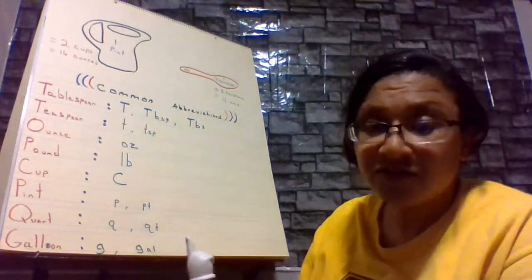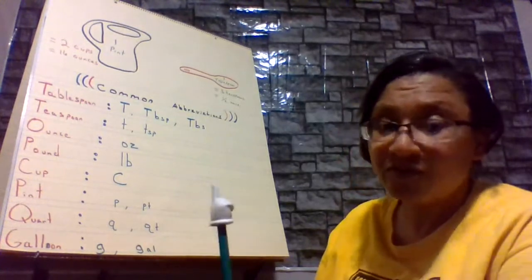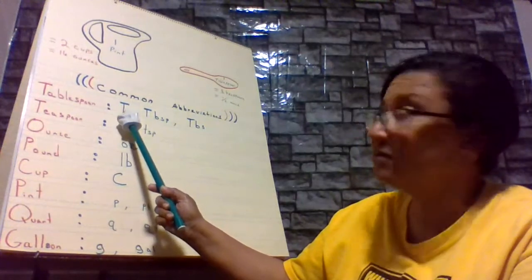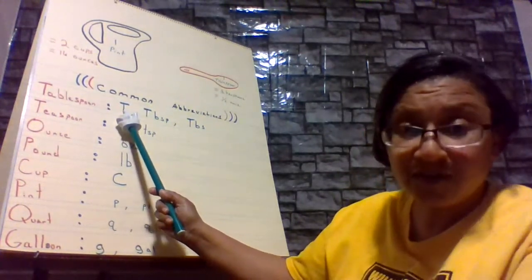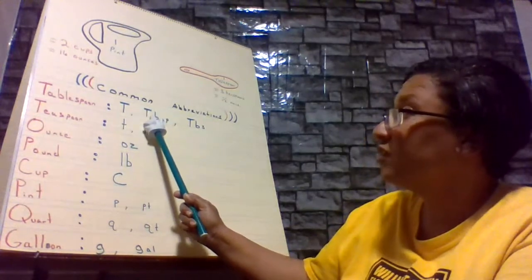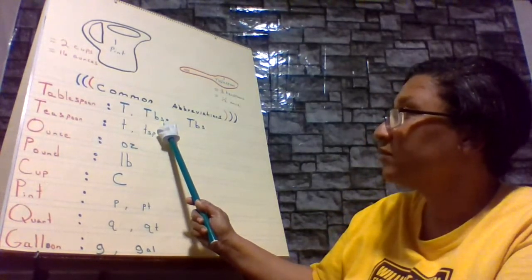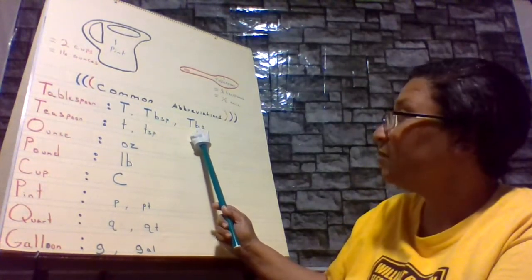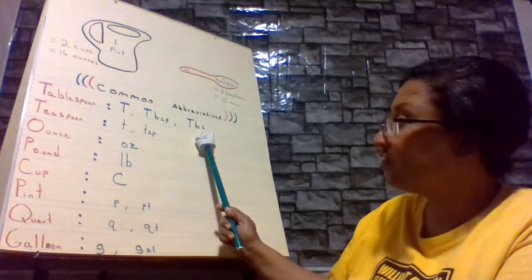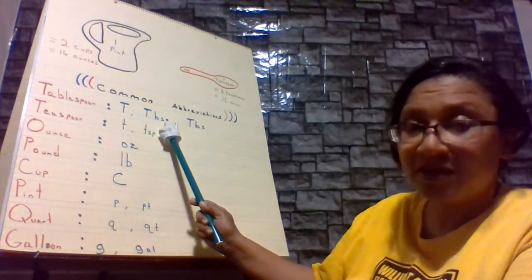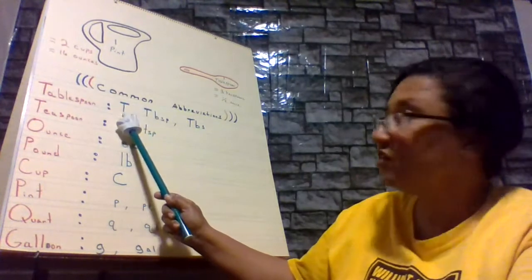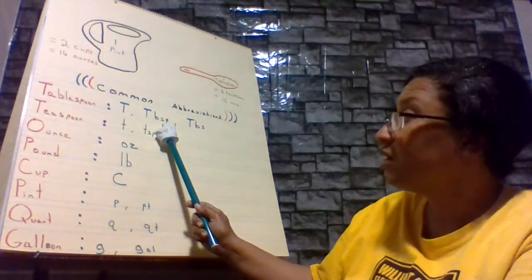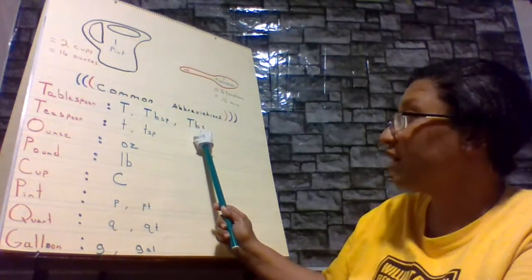Now, the abbreviation for tablespoon has several different forms, but the first letter is always a capital T. So either it'll be the capital T, or it'll be a capital T, B, S, P, which stands for tablespoon, of course, or capital T, B, S. The BS is lowercase, as well as BSP is lowercase. So there's the capital T, or capital T, lowercase BSP, or capital T, BS.